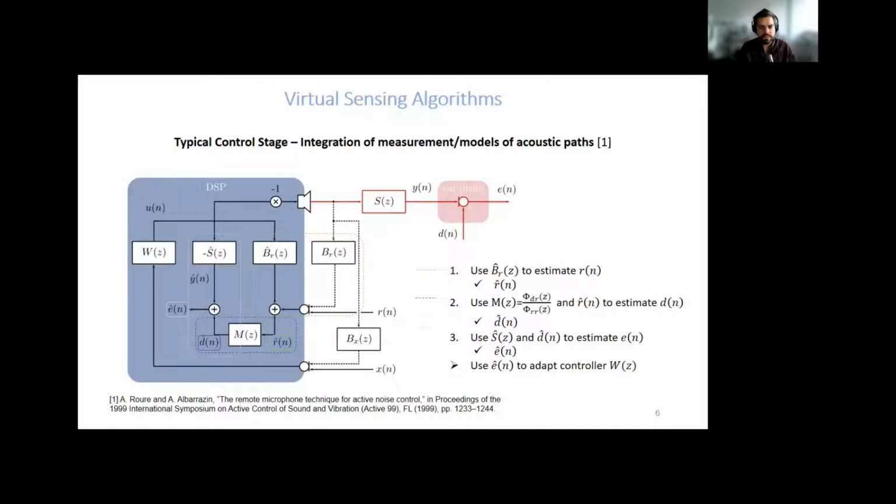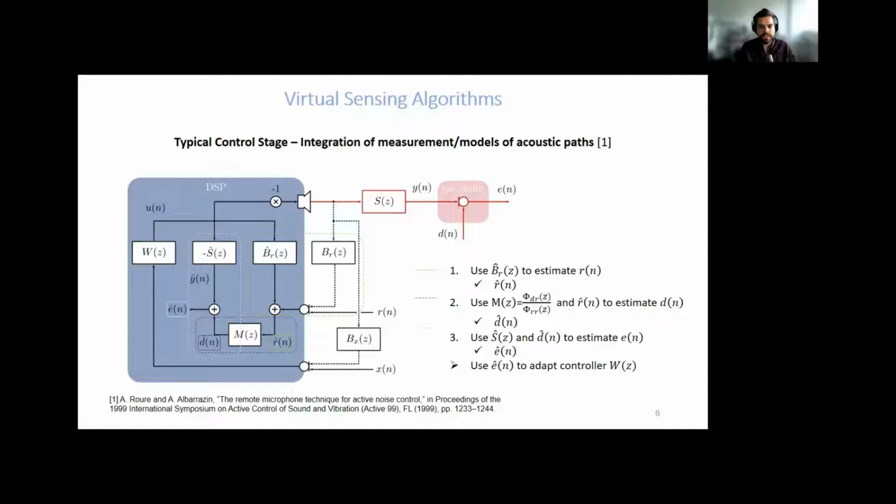First, the estimated acoustic path P_R is used to cancel the control signal at the position of the inner microphone, and through this, estimate the noise sound field at the inner microphone as r̂(n). Second, using the estimated signal r̂(n), together with the microphone to ear acoustic path M(z), the noise sound field at the position of the eardrum is estimated.